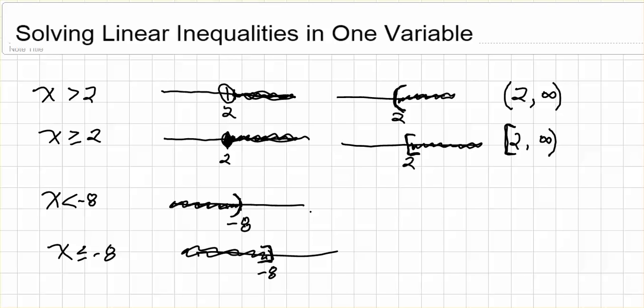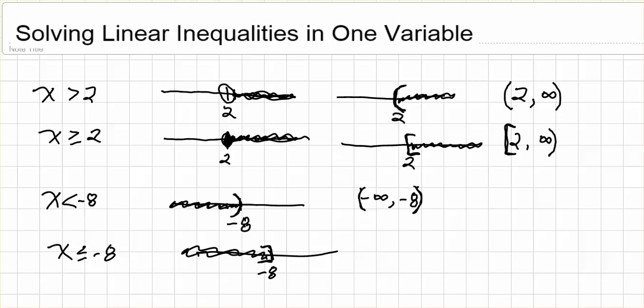In this third example, x is less than negative 8, our left bound is minus infinity, and then the right is negative 8. As before, we can't include infinity, so we'll use an open parenthesis. And since we don't want to include negative 8, we'll also use an open parenthesis. So remember, an open parenthesis, whether it's left or right, tells you that you're not including the point.